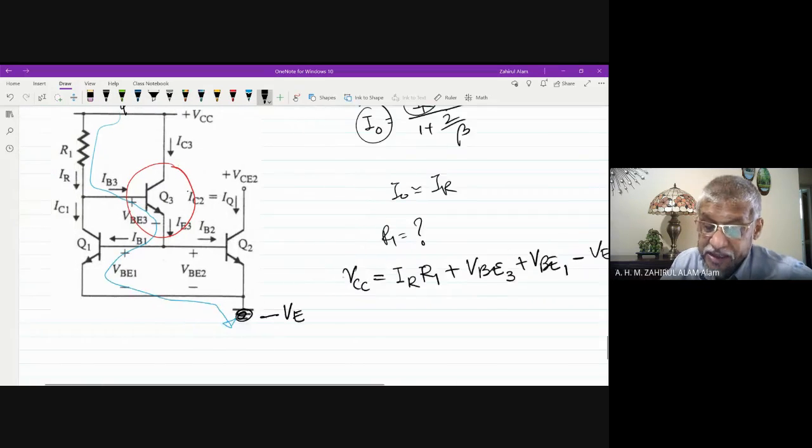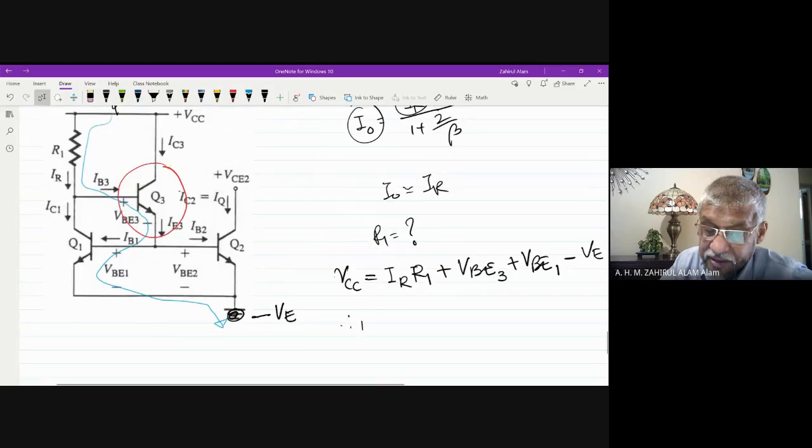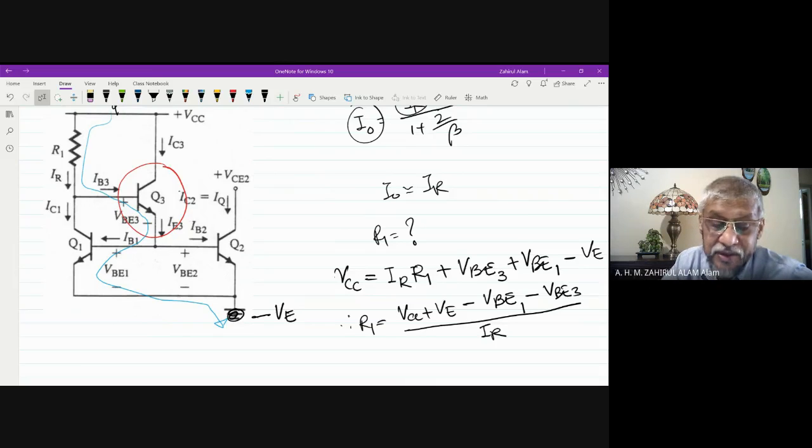From this equation, I can find R1 equal to VCC plus VE minus, previously only VBE1, now we have VBE3, divided by IR. So now we have an additional voltage because of Q3.